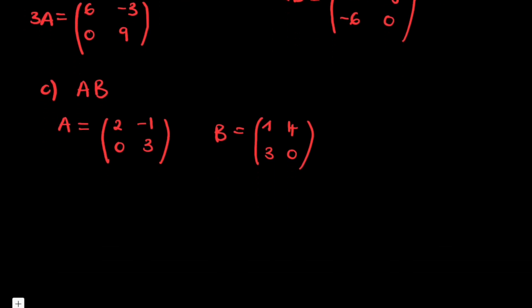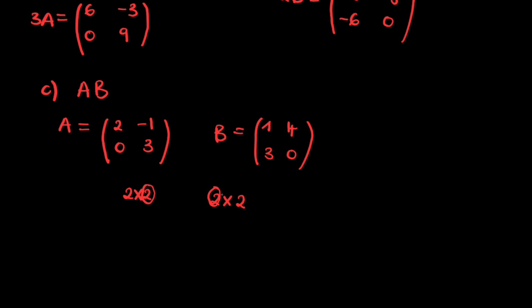Now to multiply two matrices, first we have to take the order of the two matrices. The order of the first matrix is a 2 by 2 matrix, and the order of the second matrix is also a 2 by 2 matrix. To multiply two matrices, if the column of the first matrix is the same as the row of the second matrix, then the two matrices can be multiplied.